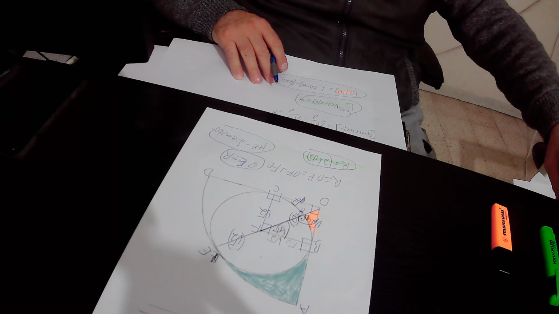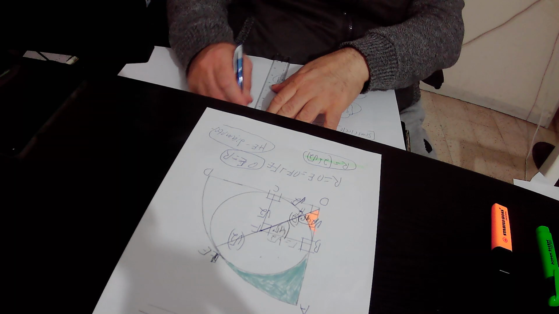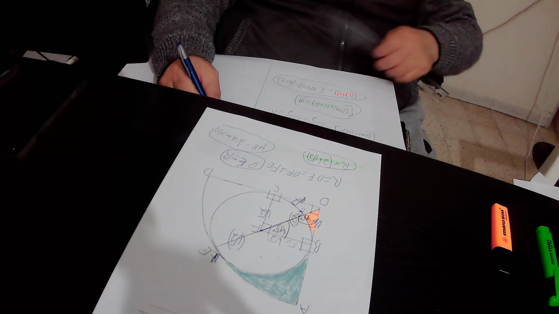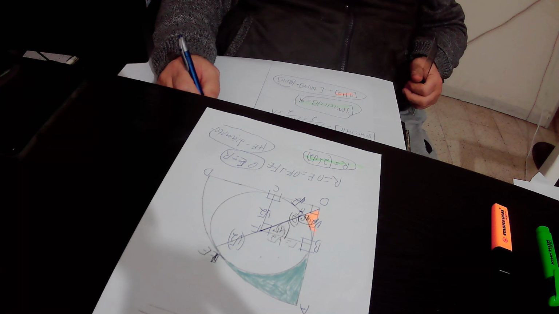So actually the area of the orange shape BHO will be equal to the area of triangle BFO.